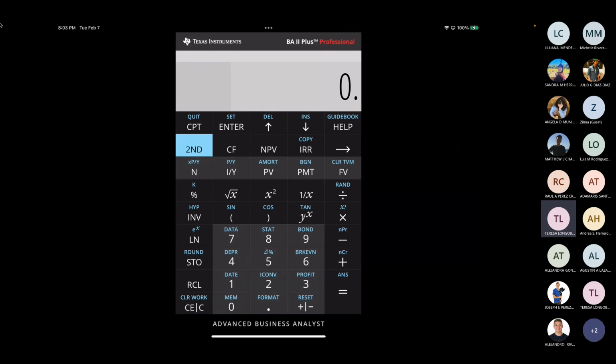I'm going to clear TVM. So I could say 4 million, 6 zeros, no payments. Usually I go left to right, so as not to confuse you. So 5, 8, and then I want PV, 0, 4 million, 1, 2, 3, 4, 5, 6. And I compute PV.